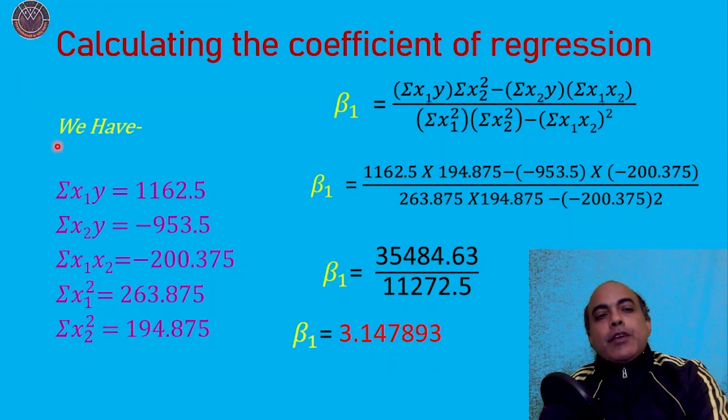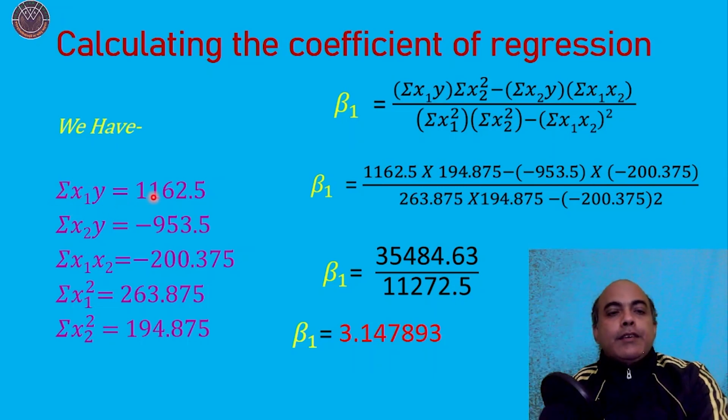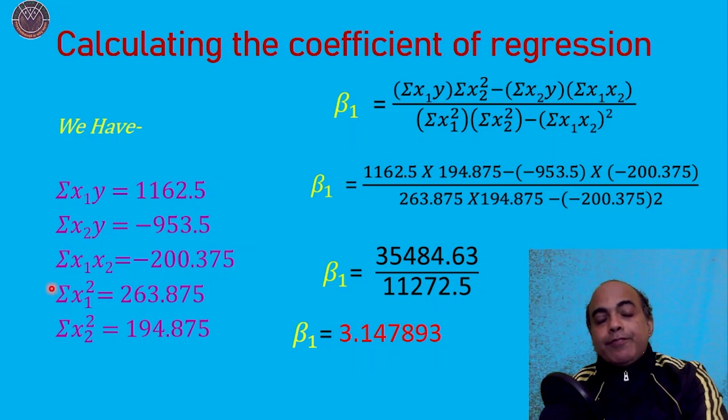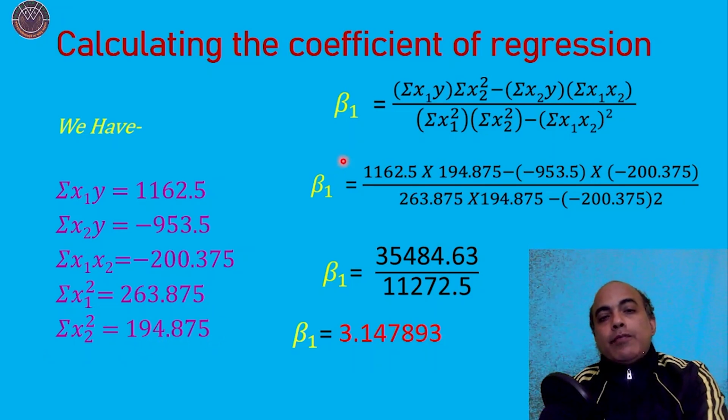After obtaining those values, this is the summation of x1y that we saw in the earlier slide. Similarly, the summation of x2y is minus 953.5, the summation of x1x2 is minus 200.375, the summation of x1 square is 263.875, and the summation of x2 square is 194.875.